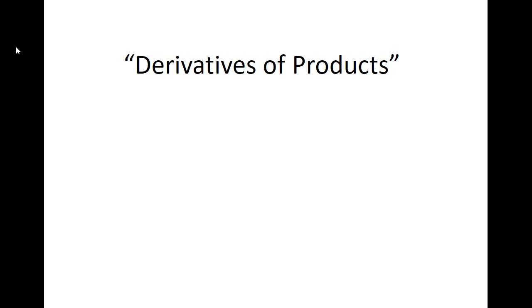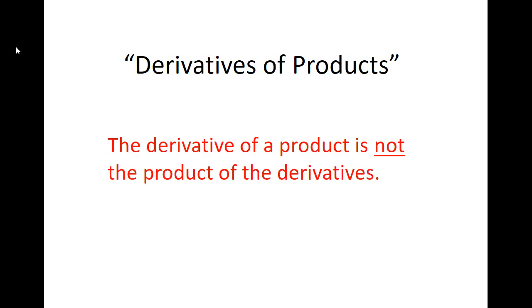We will be looking at how to find the derivative of a function that is the product of two other functions. The derivative of a product is not the product of the derivatives.